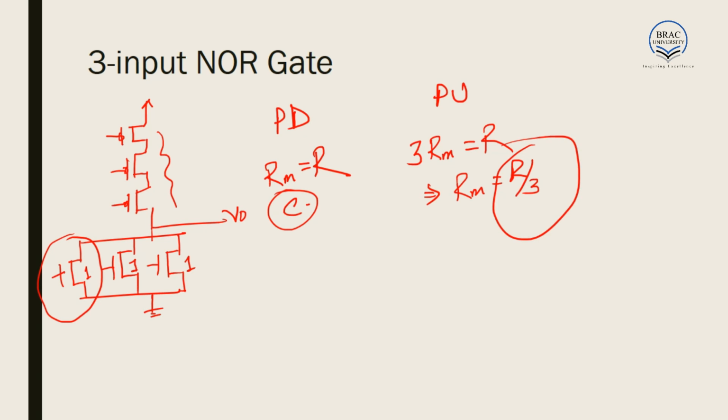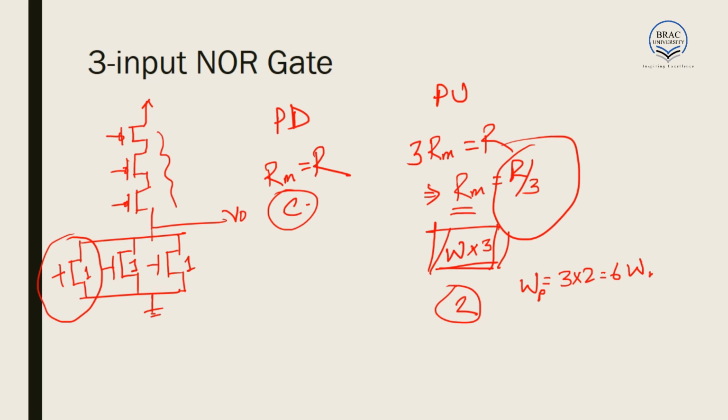Since the resistance of each MOSFET will be 1/3, the width of each MOSFET would be 3 times, obviously, and originally the width of PMOS is 2 times the width of NMOS. So as a result, the total width of the P side would be 3 into 2, which is equal to 6 times the width of NMOS. So the width of the PMOSes would be 6.